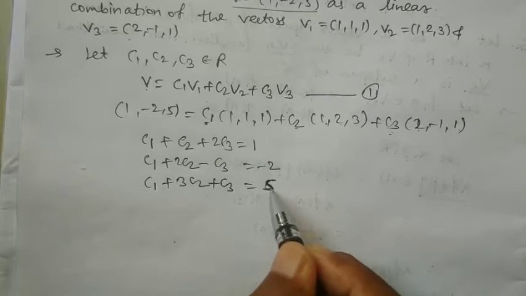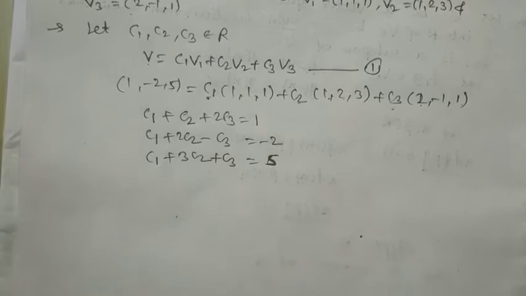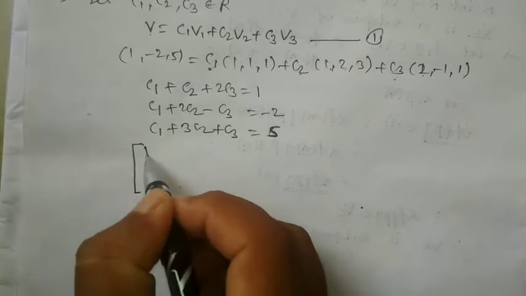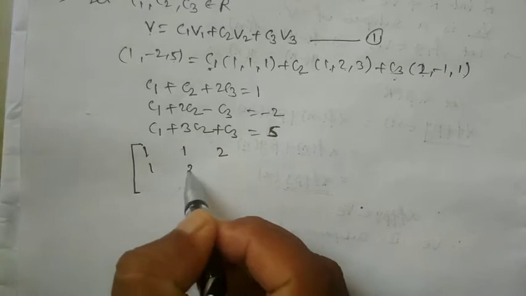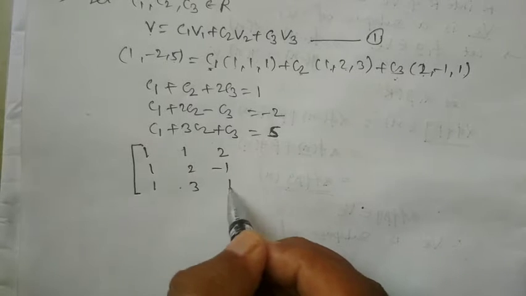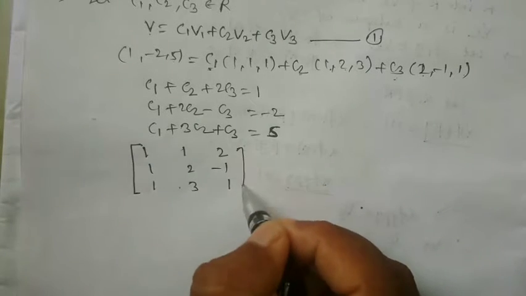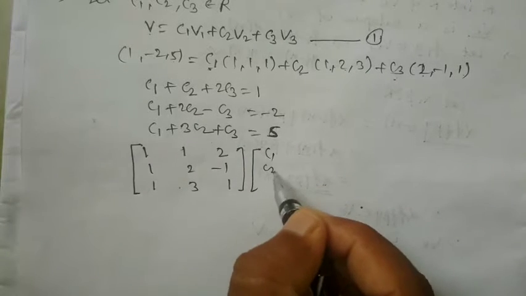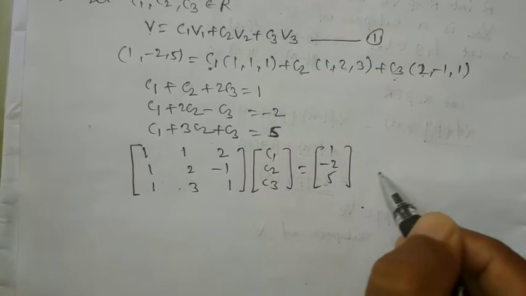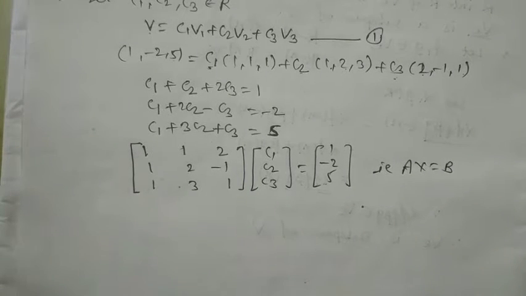Now by using this system we have to calculate the values of c1, c2, c3. We can write this system in matrix form as the matrix with rows (1, 1, 2), (1, 2, -1), (1, 3, 1) times the unknowns c1, c2, c3 equals (1, -2, 5), that is the Ax equals b form.